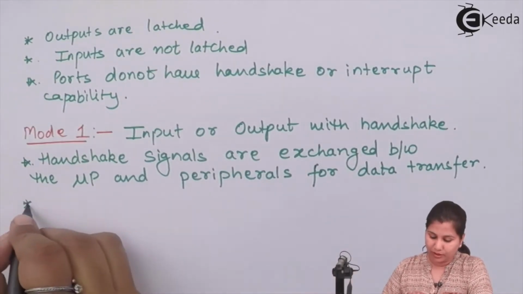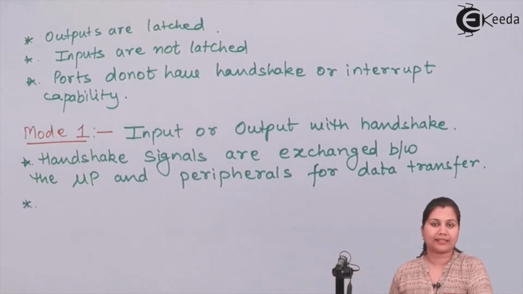Port A and B act as simple input output ports, and they use some of the lines of port C for the handshake signals.